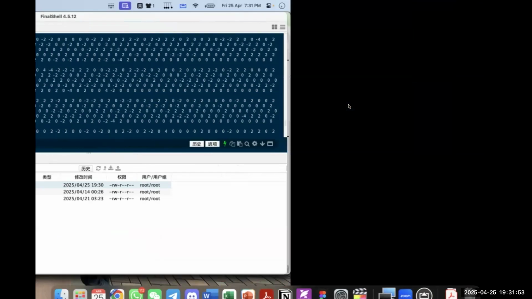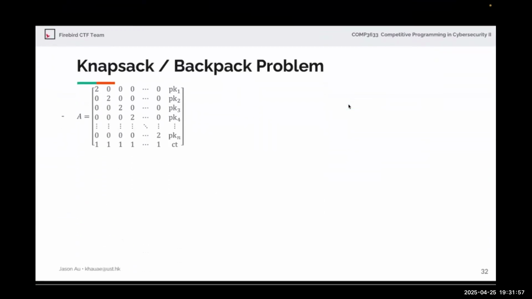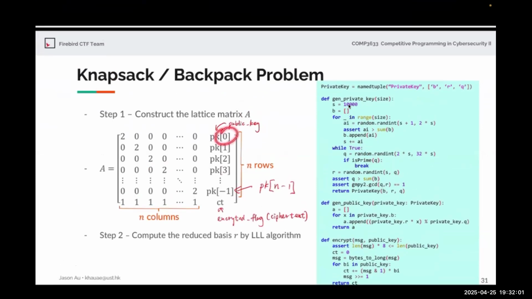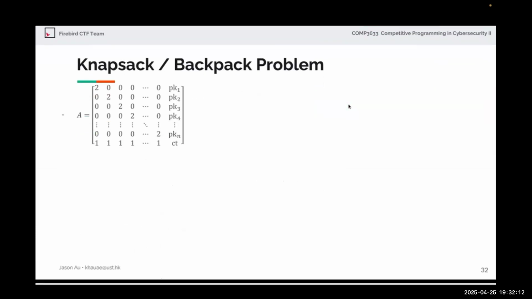Okay, so how can we achieve this? We have this matrix. For simplicity, I don't use the index in Python, because in the computer we use index 0 to present the first one and index n-1 or -1 to present the last one. But I use 1 to n for simplicity. So we have this matrix A, and then we perform the LLL reduction.